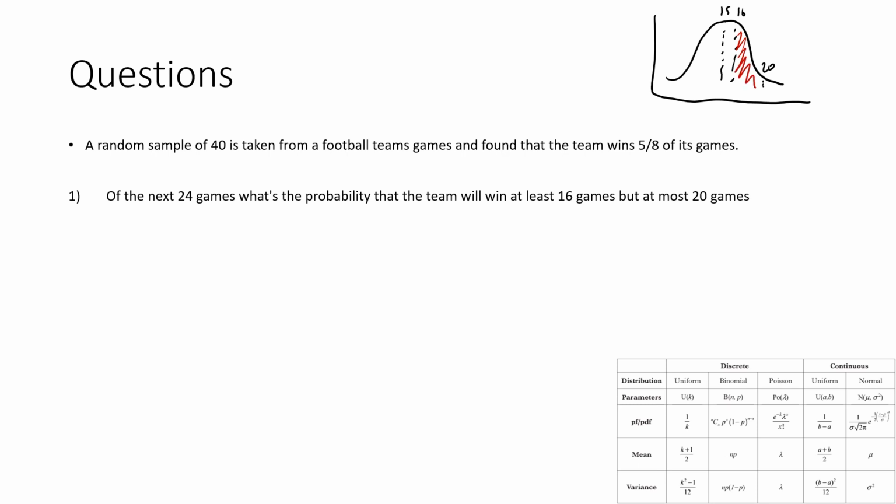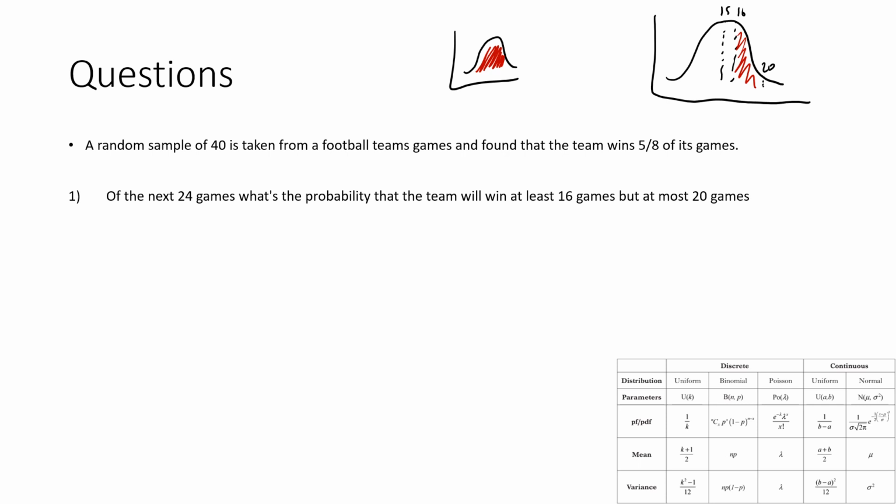And normally what we're used to is being asked a question where the number of games you win has only an upper limit, like 18, or in this case 20, with no lower barrier. But let's have a shot at this question.